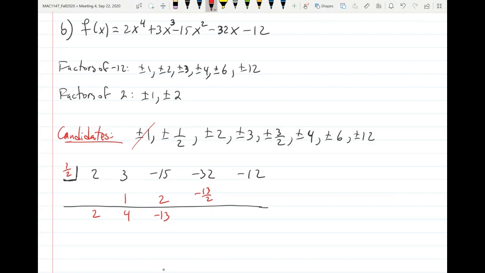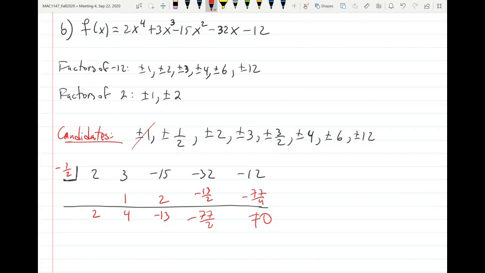So that would be -64 over 2. So 64 plus 13, that's 77, right? -77 over 2. And we can already see that we're not going to get 0, right? When you multiply, you're going to get -77 over 4. This is definitely not positive 12. There's no way we're going to get 0. So I know that positive 1/2 doesn't work.